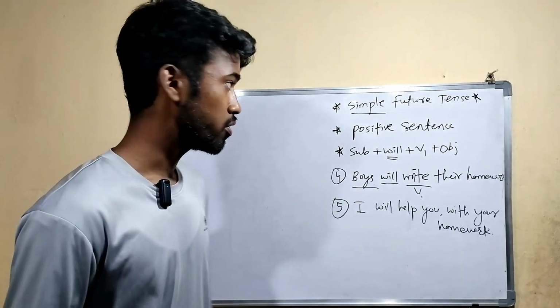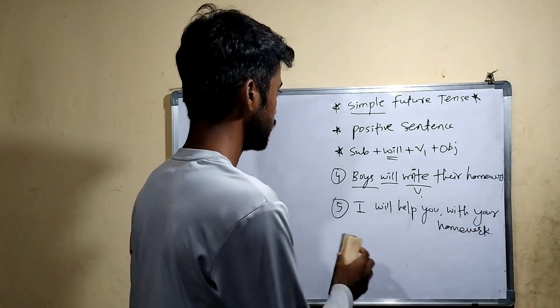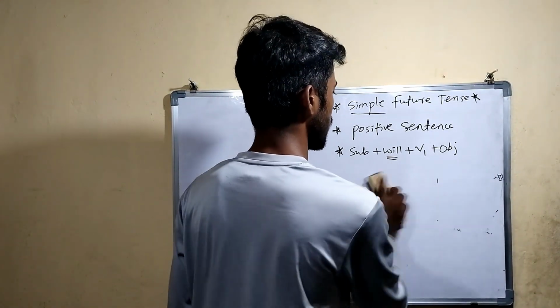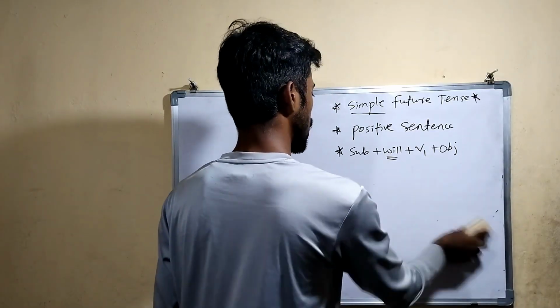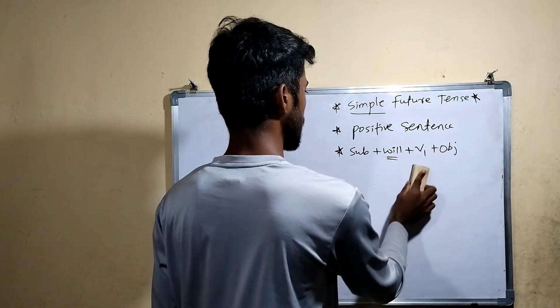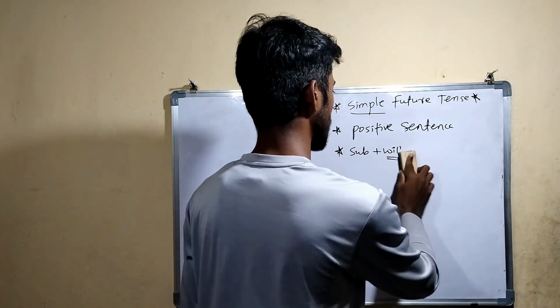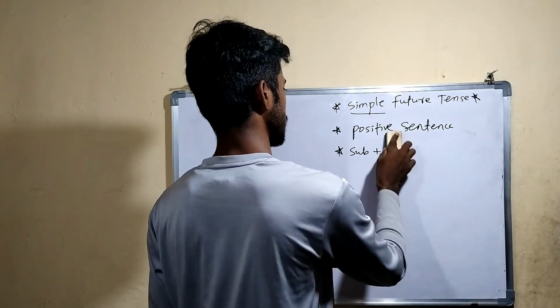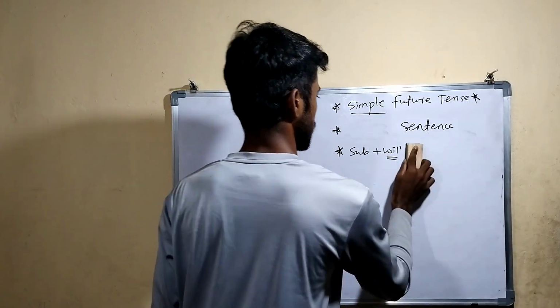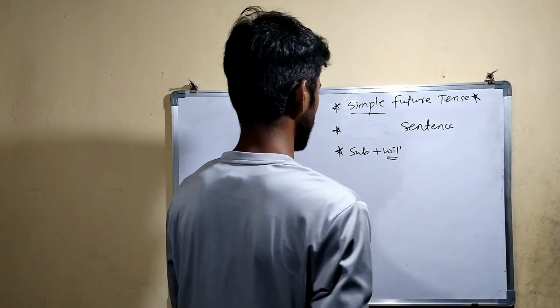Now let's discuss negative sentences in simple future tense. Okay, so it is very simple here, we only need to add not. What we have to add here? Not after helping verb, that's it, and it will become a negative sentence. Okay, so let me wipe it properly.